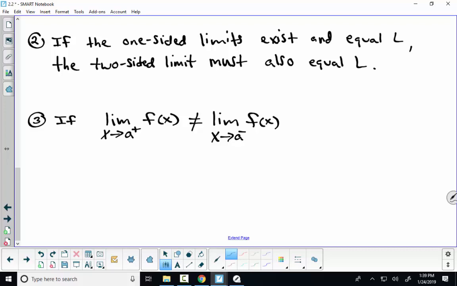The two-sided limit doesn't exist. Right. So we just said earlier, in order for that two-sided limit to exist, both of these things have to be equal. Well, if both of these things are not equal, then the two-sided limit does not exist.